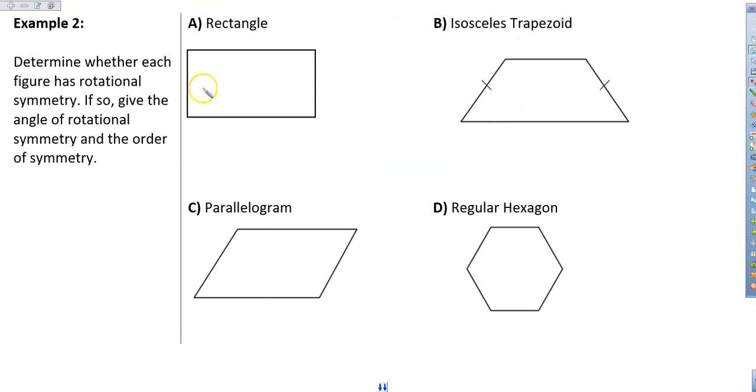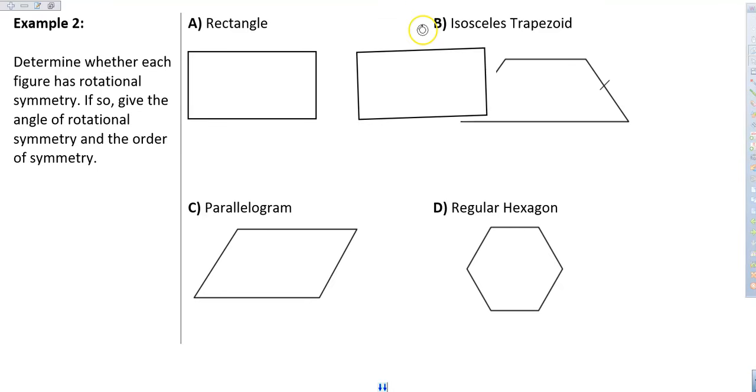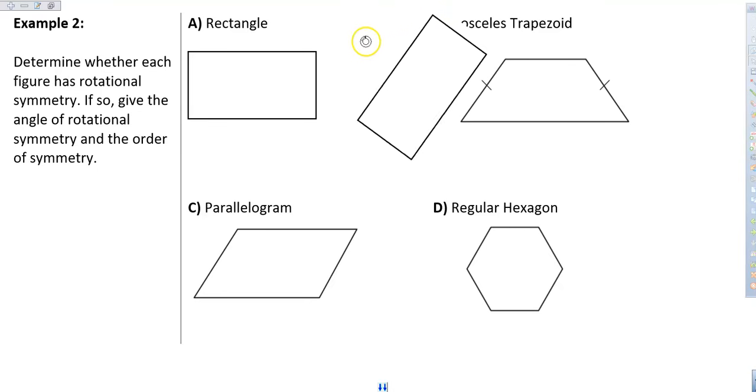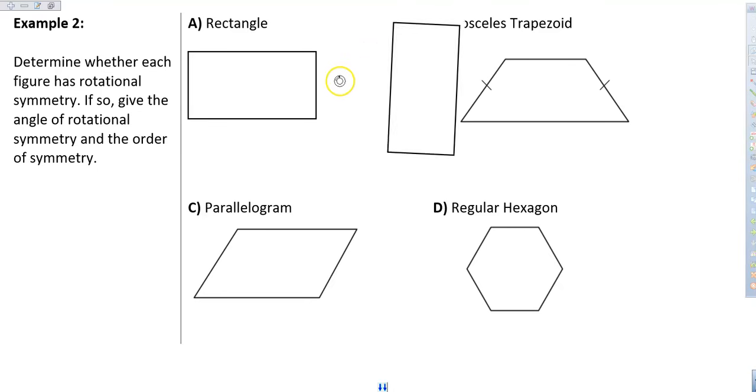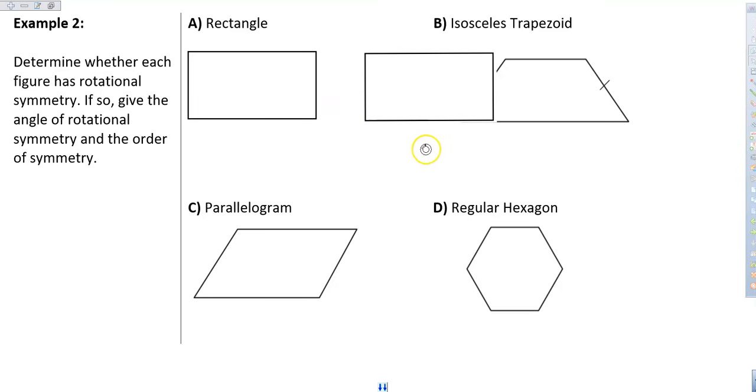We have a rectangle, and I want to know if I can spin a rectangle 180 degrees or less to map it back on top of itself. So I've got all of these duplicated right here. If I start turning this, no, there's 90. That's not the same. No, right here.